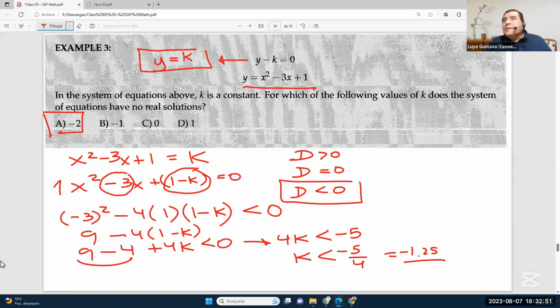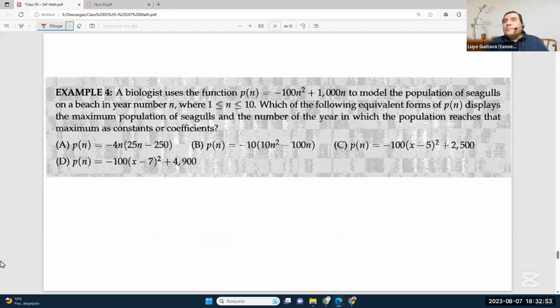All right. One more. A biologist uses the function P of n equals -100n squared plus 1000n to model the population of seagulls on a beach in year number n, where n is between 1 and 10. Which of the following equivalent forms of P of n displays the maximum population of seagulls and the number of the year in which the population reaches that maximum as constants or coefficients?